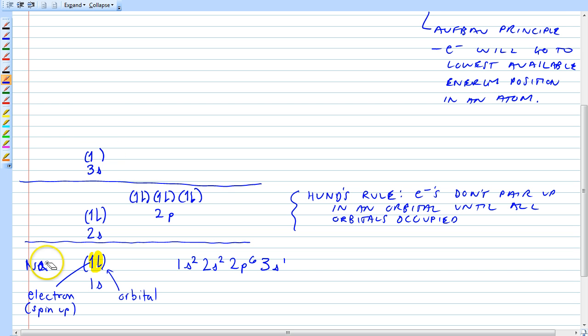Now if I want to make magnesium, I'm going to add one more electron here. If I want to make aluminum, then I'm going to start the 3p sublevel like this.